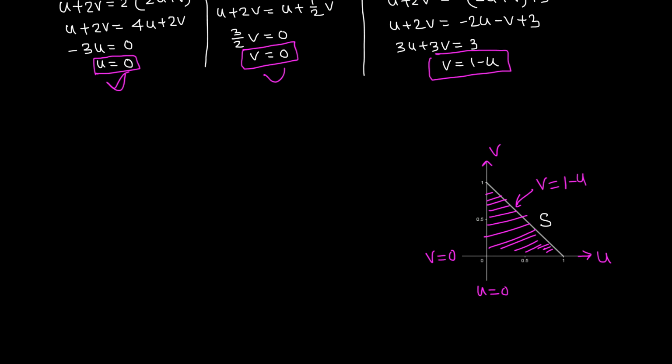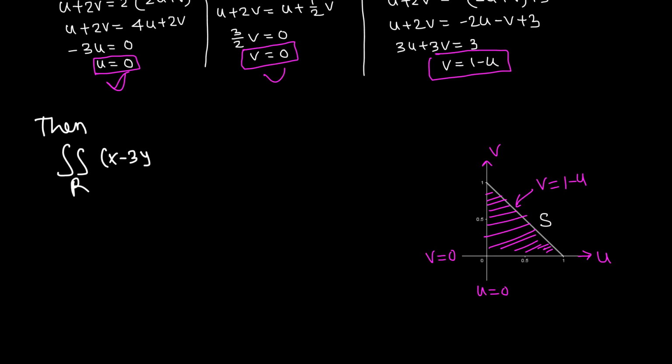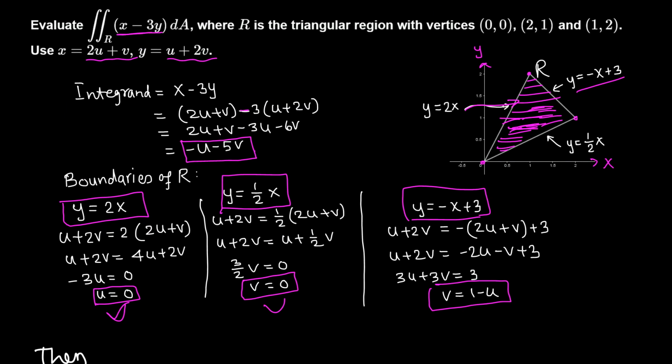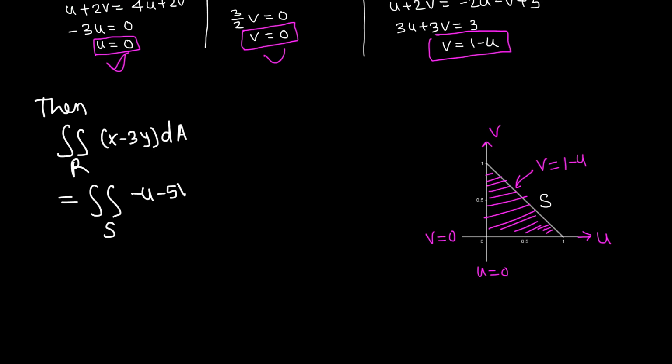So the given double integral over R of the function x minus 3y dA now becomes an integral over this new region S. The x minus 3y was converted into negative u minus 5v, and for dA with this new region, we have to find the Jacobian of x, y with respect to u, v, and take its absolute value.